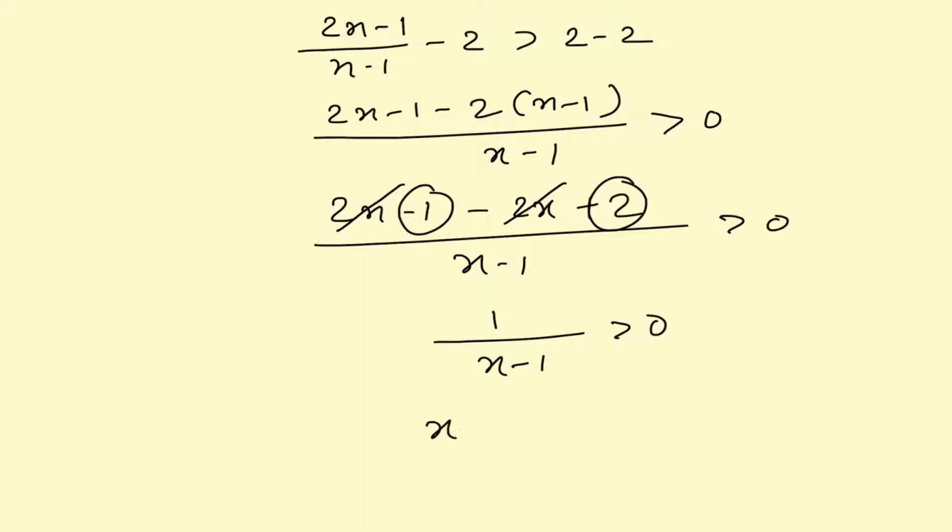Here the critical point is where the linear factor x − 1 equals 0, that is x = 1.